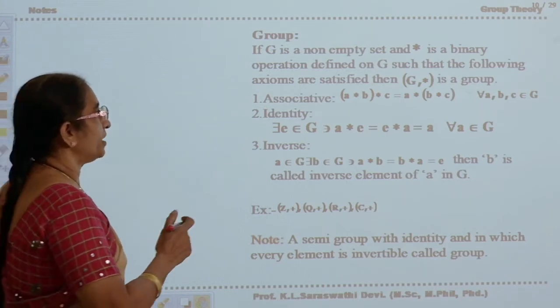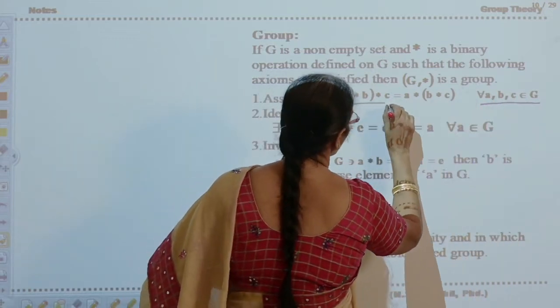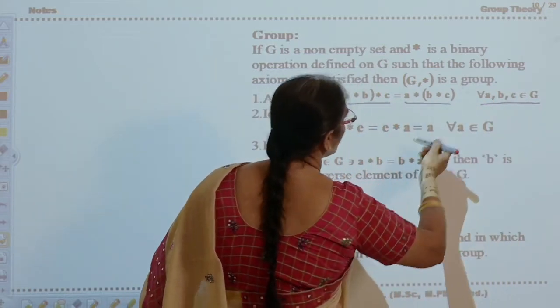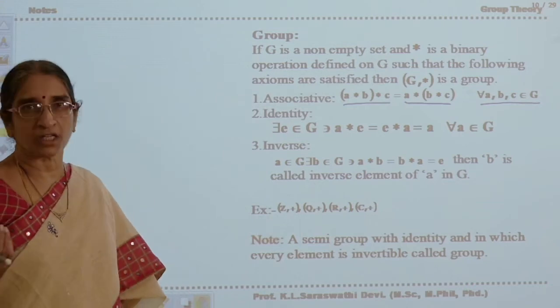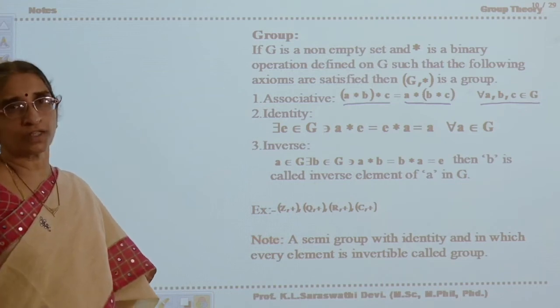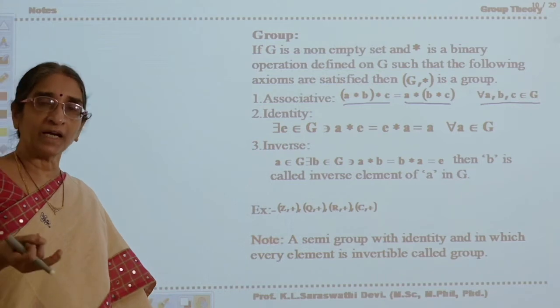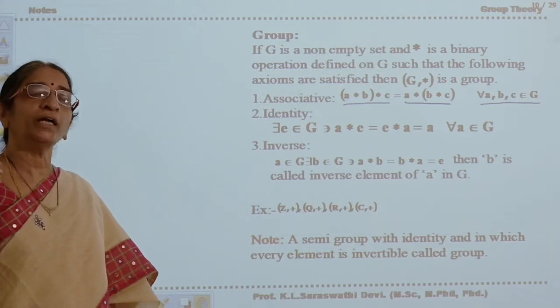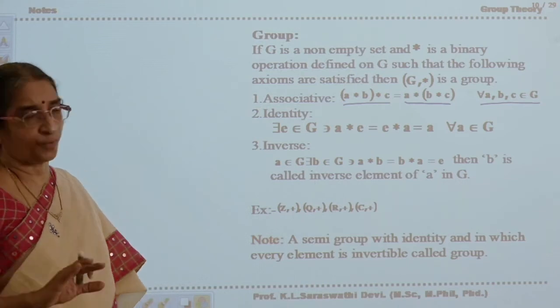Next, for every A, B, C belongs to G, (A star B) star C should be equal to A star (B star C). That is, associativity should be satisfied. First, closure should be satisfied. Second, associativity should be satisfied. Any structure which satisfies closure and associativity is said to be a semigroup. Is it?